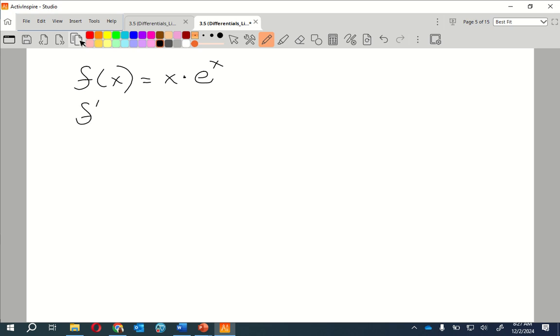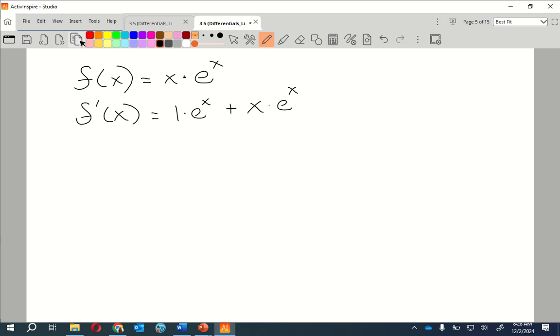So f prime of x is equal to, what's the derivative of x? 1 times e to the x plus, since it's product rule, it's going to be x, right? Times the derivative of e to the x. Yeah, you were right saying e to the x first. I was just putting this in order. x, e to the x. And then the derivative of e to the x is just e to the x, like that.